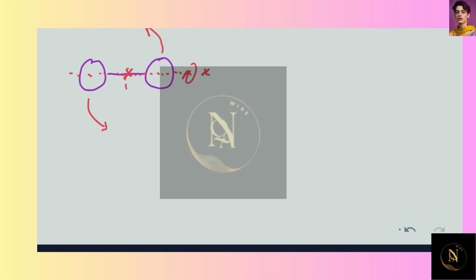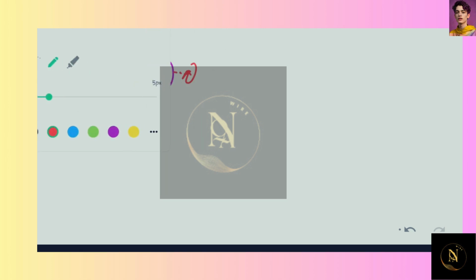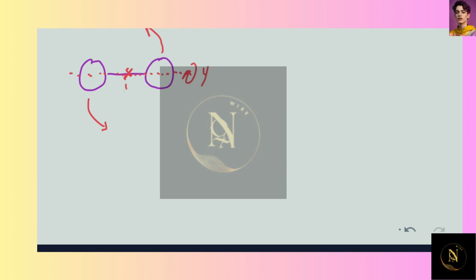So, to start off, we need to label the various axes. We are given in this question that this is the y-axis, and rotation about this is the x-axis.